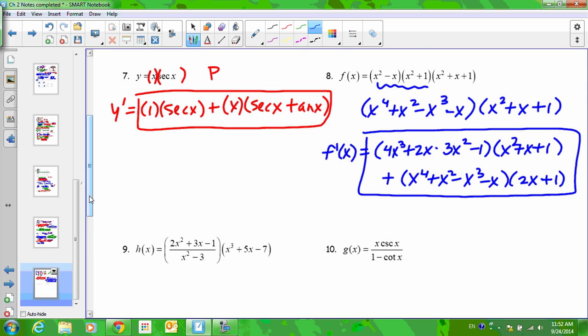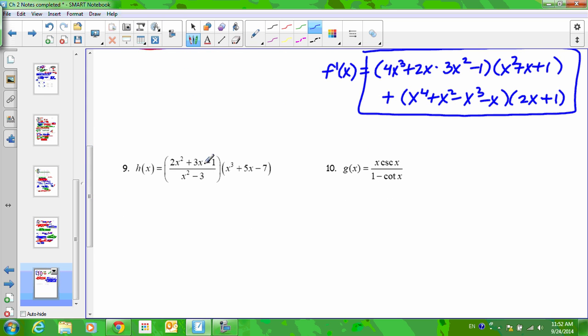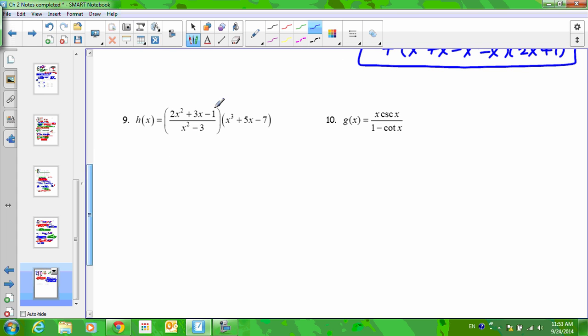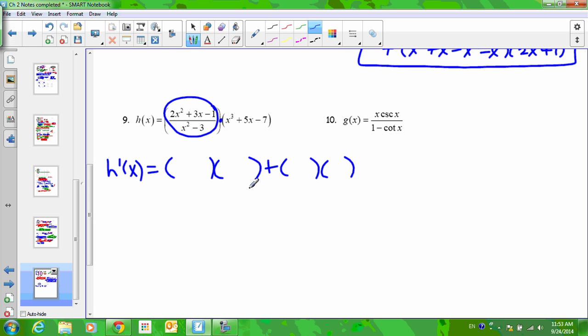Alright, the next 2 I'm not going to work in this video, but I am going to kind of show how the overall setup would be. Alright, so multiply here. We do have a quotient, but let's just pretend that's not a quotient. Your h prime would be something times something plus something times something, right?